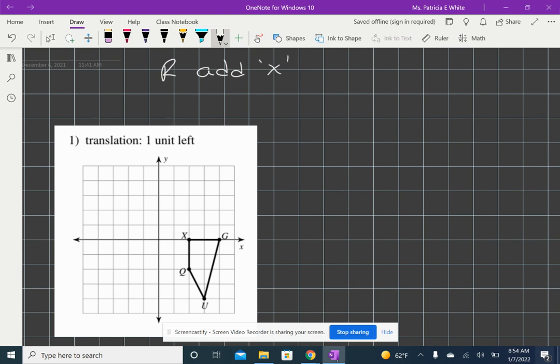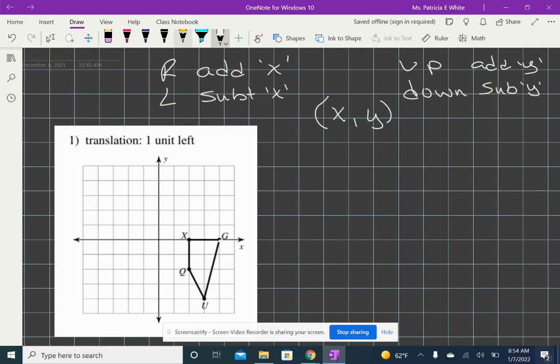If it says left, we subtract from our x. If it says up, we add to our y, and if it says down, we subtract from our y. Remember, we have an x coordinate and a y coordinate. Every one of these points is our x's and our y's.